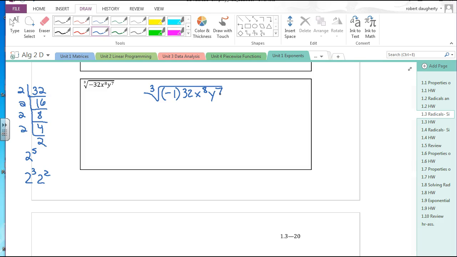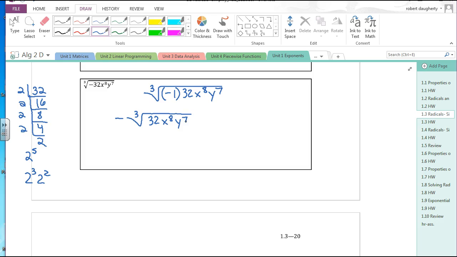So I can just write this as negative of the cube root of 32x to the 8th, y to the 7th. When you're taking odd roots and you have a negative inside the radical, you can just bring it out. The 7th root of negative 1 is negative 1 because negative 1 multiplied by itself 7 times will give you a negative 1. So odd roots of a negative, you can just bring that negative outside.